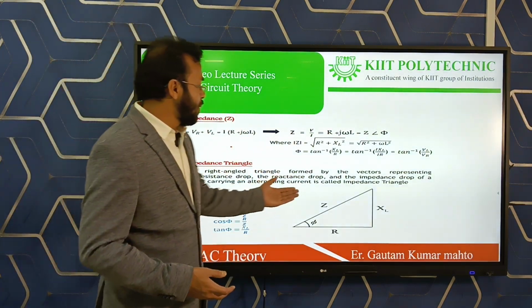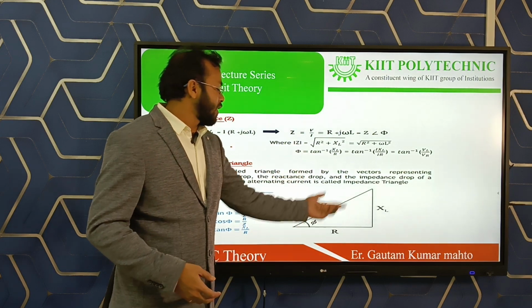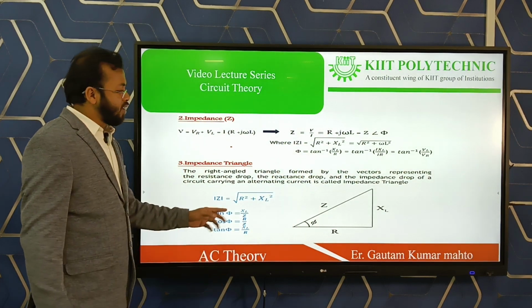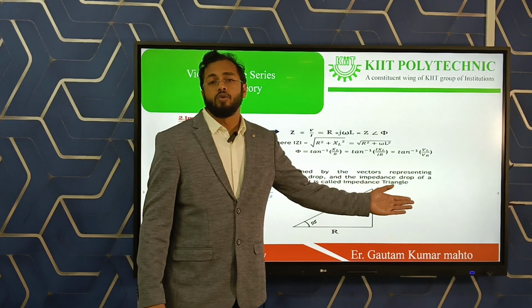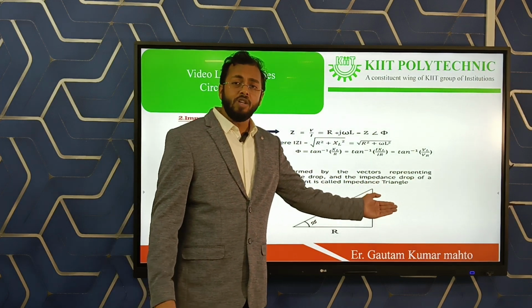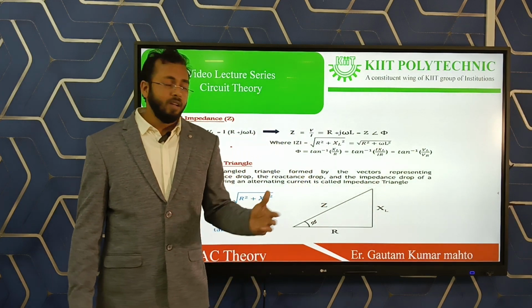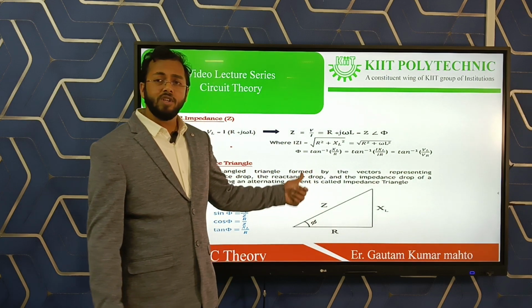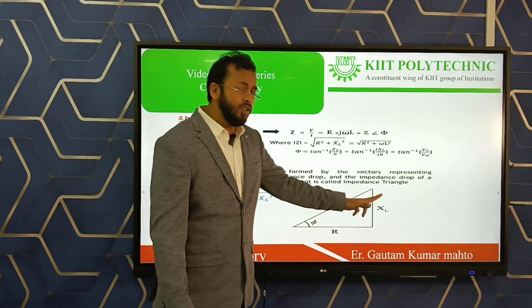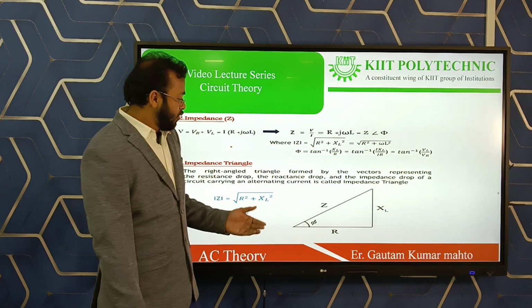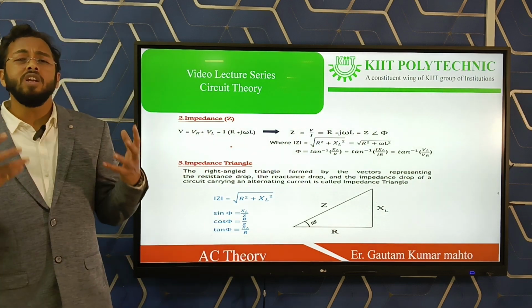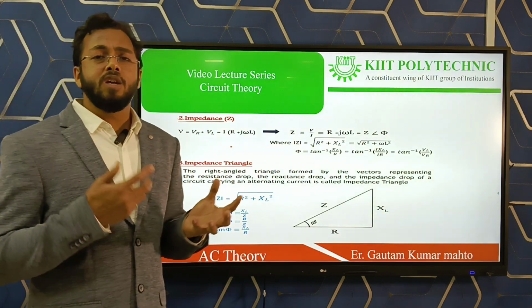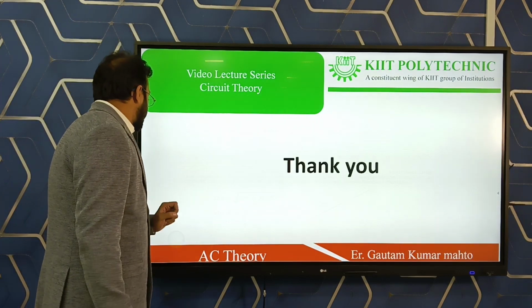So to find the impedance value, Z is the square root of R square plus XL square, and sin phi is equal to what? Opposite by hypotenuse is the sine, adjacent by hypotenuse is the cos, and opposite by adjacent is the tan. So we can apply the value according to the situation requirement and choose the different trigonometric ratio.